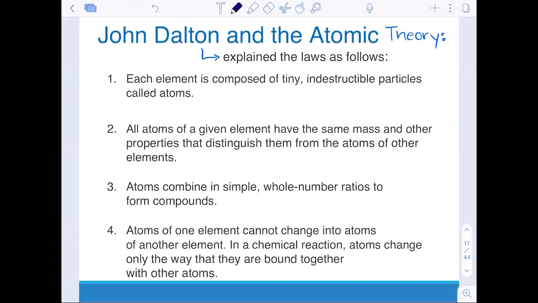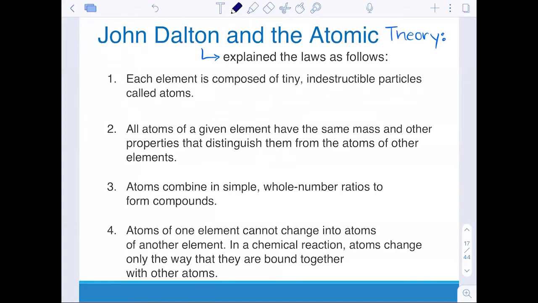Now, John Dalton took all of this and developed his atomic theory. And what John Dalton's atomic theory explains are these 4 postulates. Now, it took the laws that we just kind of learned about and it created a theory. Now, these postulates are what he thought were a good introductory explanation of how matter behaves.